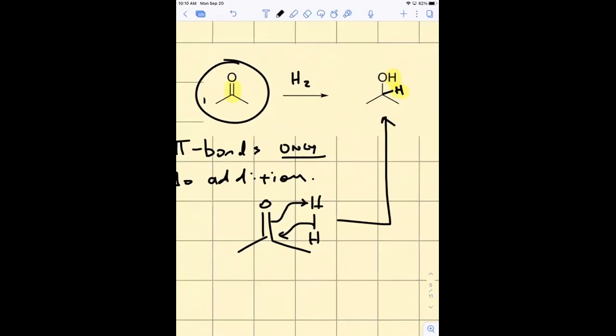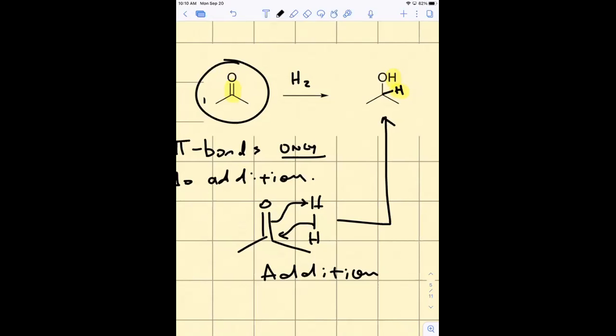So I added H2 across that pi bond. Now it probably happened through a different mechanism, but the idea is that it's an addition. Right, I added some nucleophile to the pi bond, to that carbon where the pi bond is between carbon and oxygen, and I broke that pi bond. Right, so it's an addition.